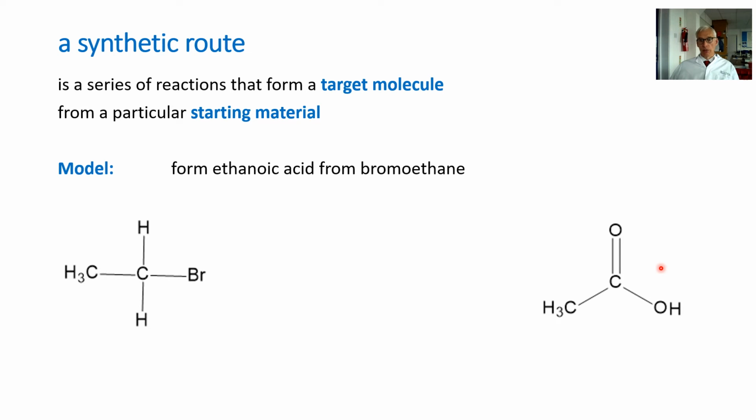Could you pause and fill in the missing intermediate molecule and the two steps, the step from bromoethane to the intermediate molecule and the step from the intermediate molecule to ethanoic acid? Could you list the reagents and conditions? Pause, think it through.